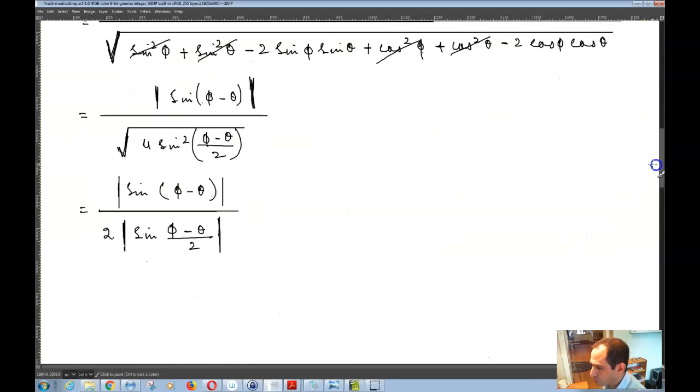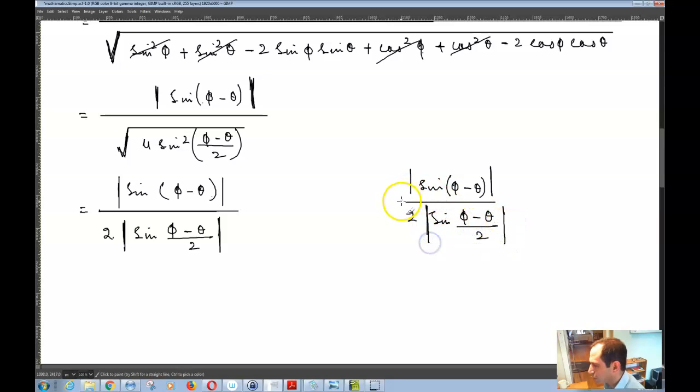The right answer according to the book is the absolute value of sine of phi minus theta over 2 times the absolute value of sine of phi minus theta divided by 2. Okay, so that is the right answer, and that's what we got over here.